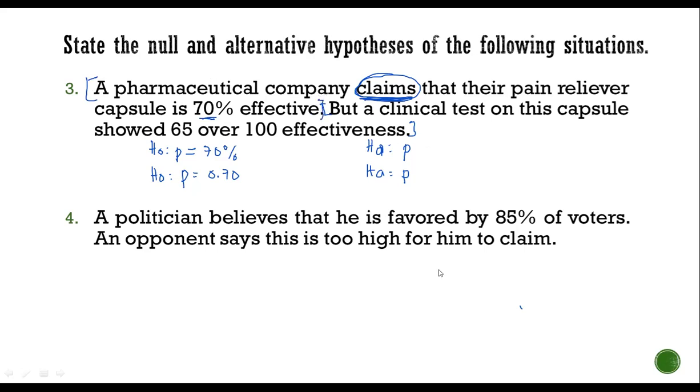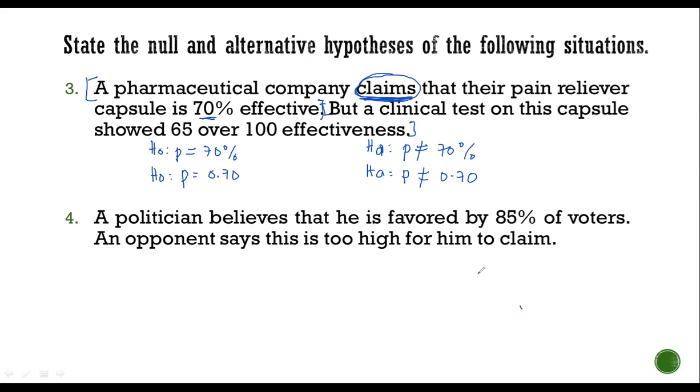So anong gagamitin natin na symbol sa ating alternative hypothesis? It is not equal to 70%. Not equal to 0.7. Ulitin ko, bakit not equal? Ma'am, mas mababa naman ang 65% sa 70%. Hindi niya sinasabi yan doon sa claim. Ang sinasabi lang niya, may ibang study. Unlike yung kanina, na merong term na below 35%, may effect yun sa claim.